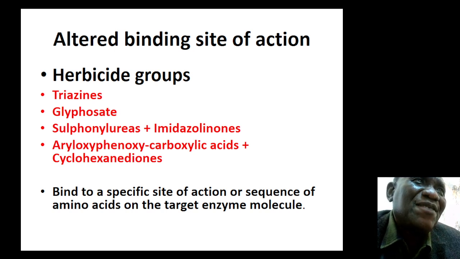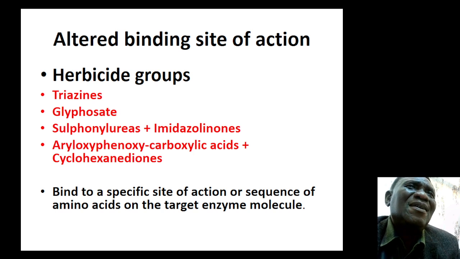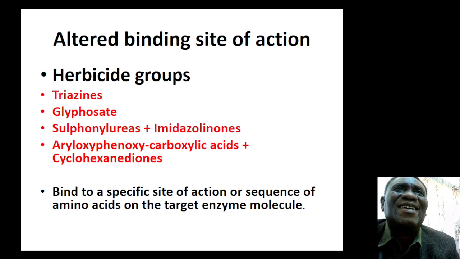Sometimes we shorten aryloxyphenoxycarboxylic acids, we just call them the FOPs, F-O-P-S. Cyclohexanediones, we just call them the DIMs, DIMS in short, if you don't want to memorize these things.